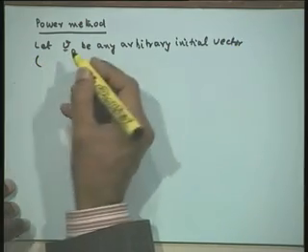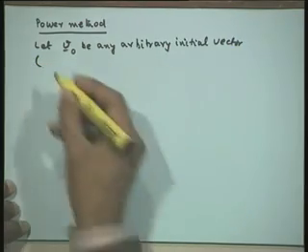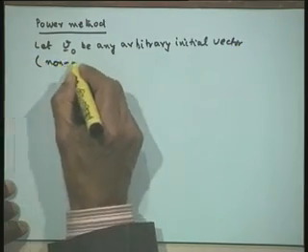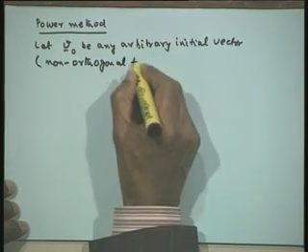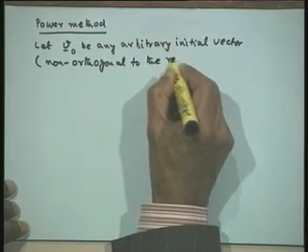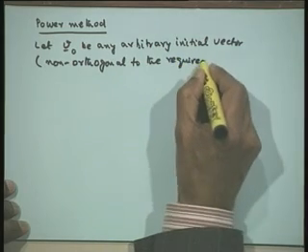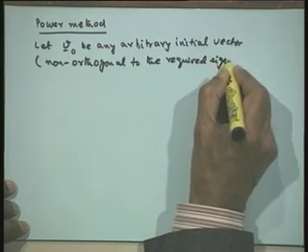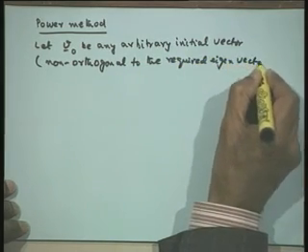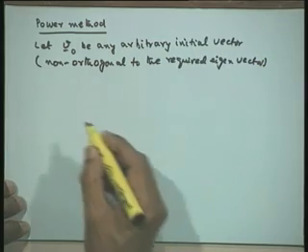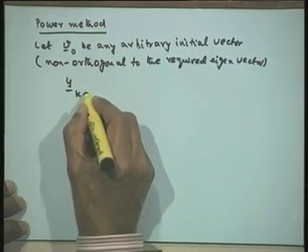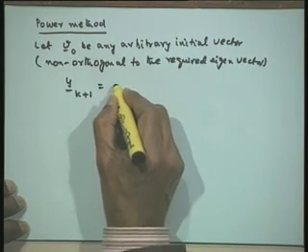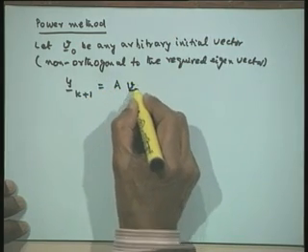Of course, we shall assume that it is non-orthogonal to the required eigenvector. Then we define the power method as follows. We form the vector y k plus 1 as A into V k.